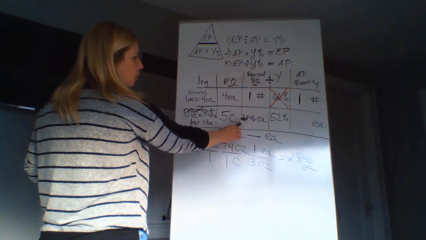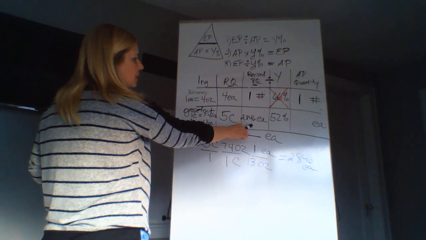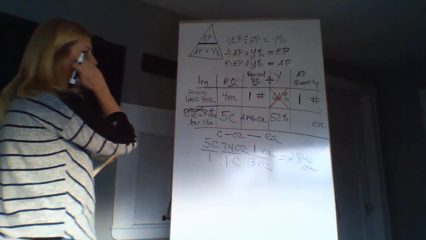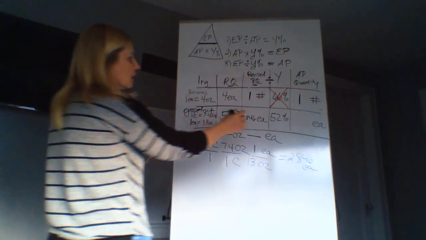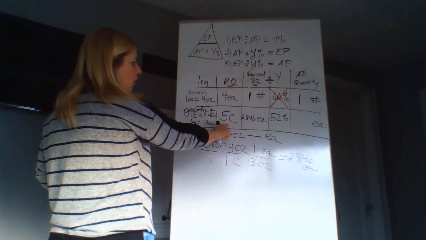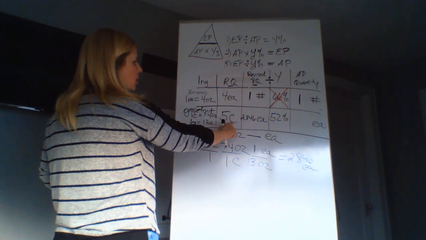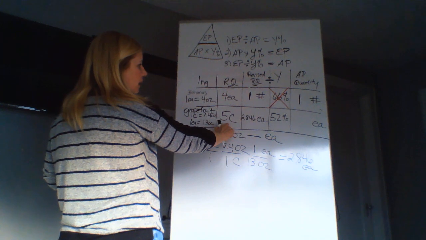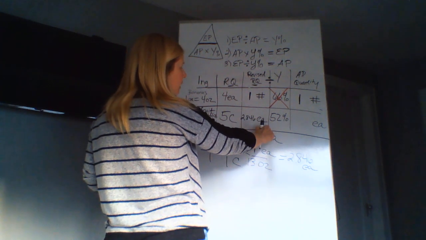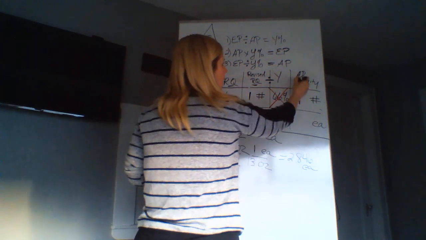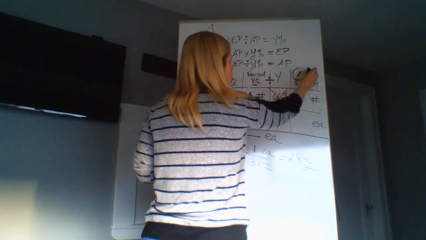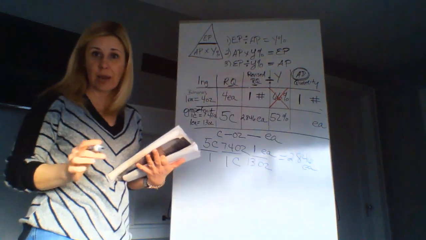So all I did is revise. 5 cups will be 2.846 eaches, but this is written by a quantity of volume, which means my EP quantity has to get divided by my yield percent in order to know how much to order, because I'm going to have waste.